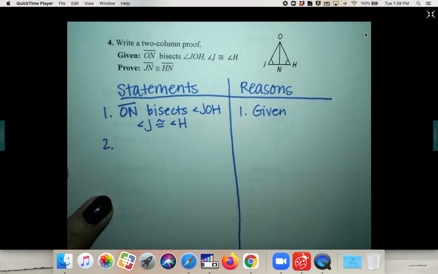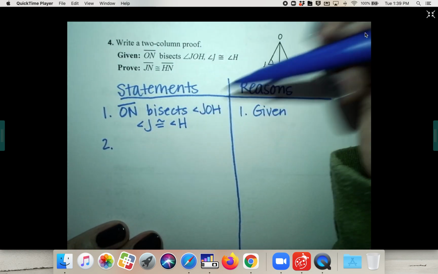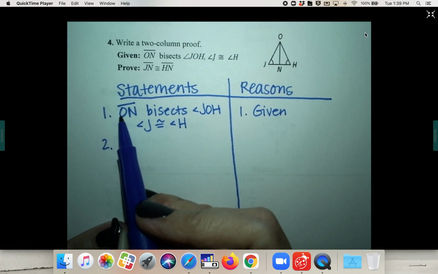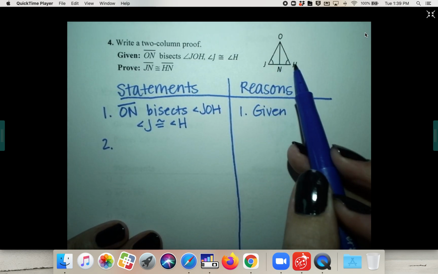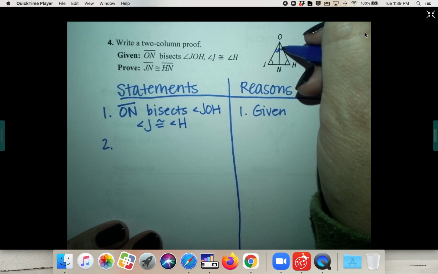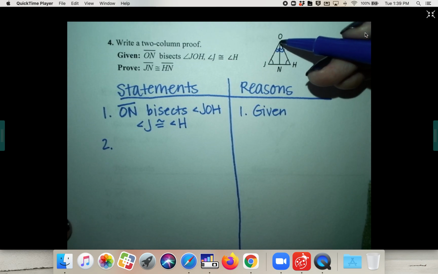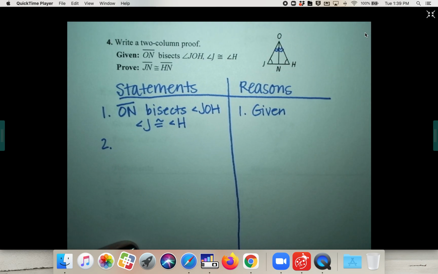Okay, let's make sure they're marked up. The J is congruent to H is marked up, but ON bisecting JOH is not marked up. So that means that these two angles are congruent to each other by definition of an angle bisector.